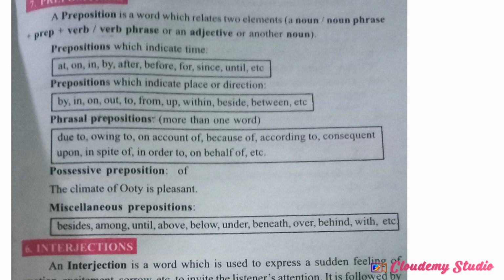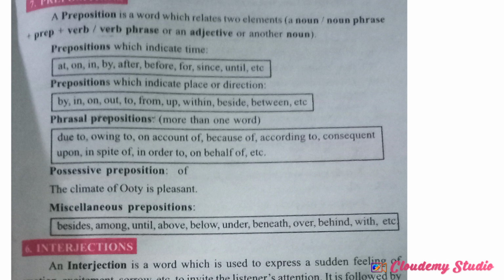Phrasal prepositions are those with more than one word: due to, owing to, on account of, because of, according to, consequent upon, in spite of. So in the examination, if these kinds of words are coming and giving clarity about the position of a noun, it is definitely considered a preposition.